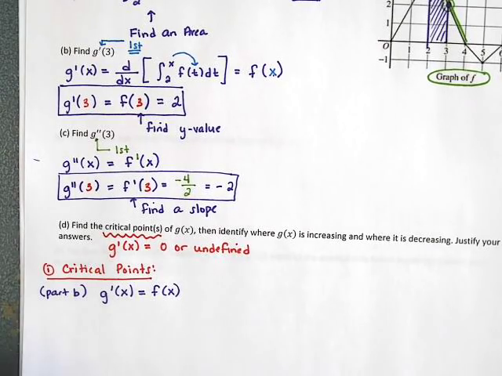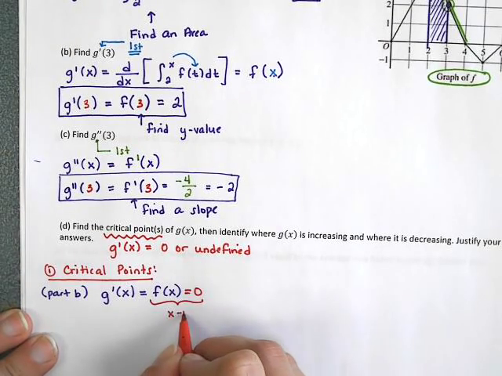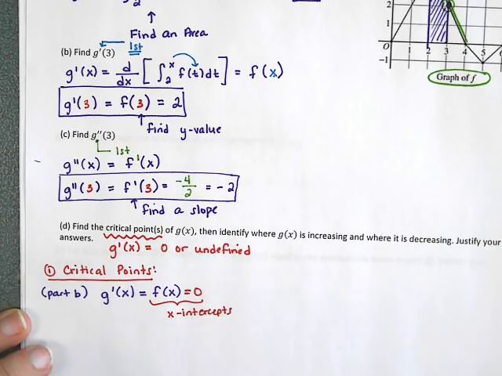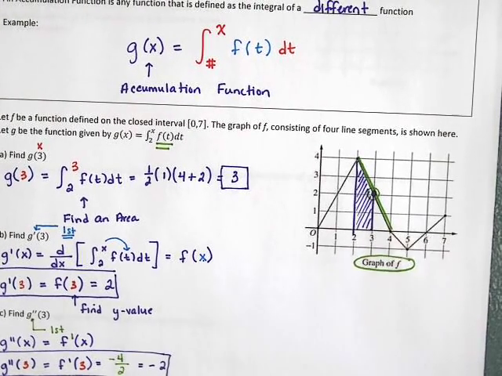And what we need to know is where does that equal 0 or where is it undefined? To figure out where f of x equals 0, what we're really just looking for are the x-intercepts. So if I look at this original graph, the x-intercepts are at 0, 4, and 6.